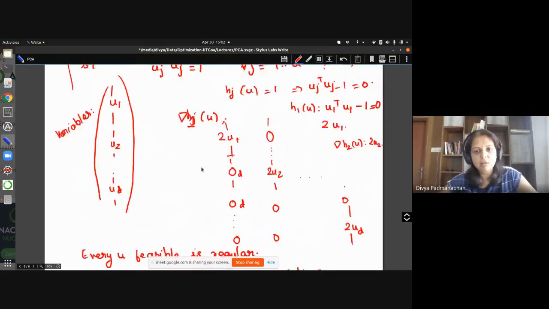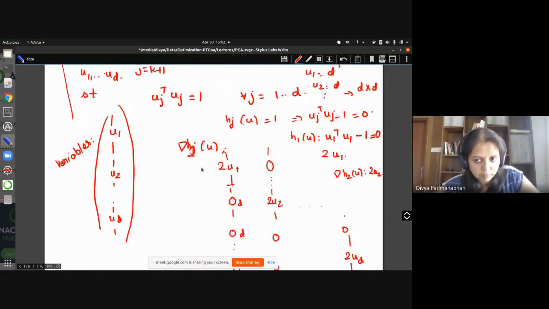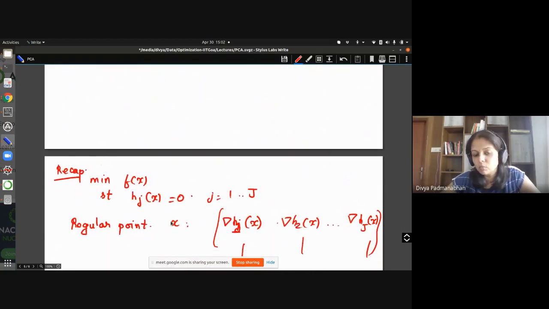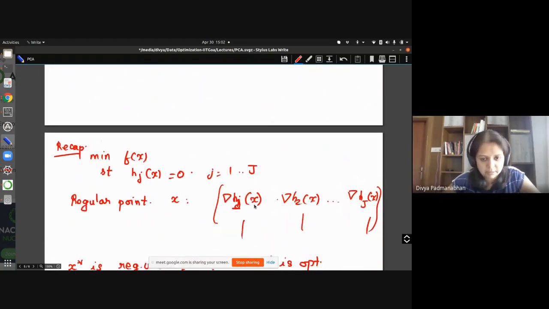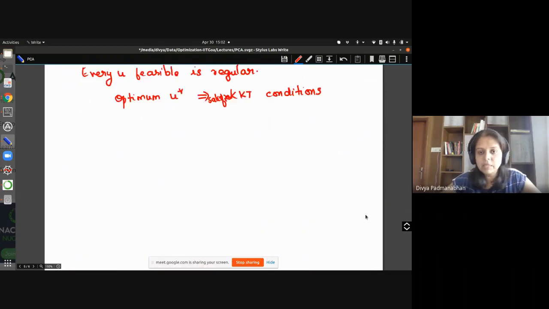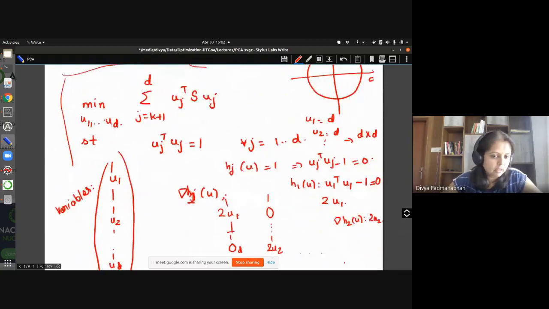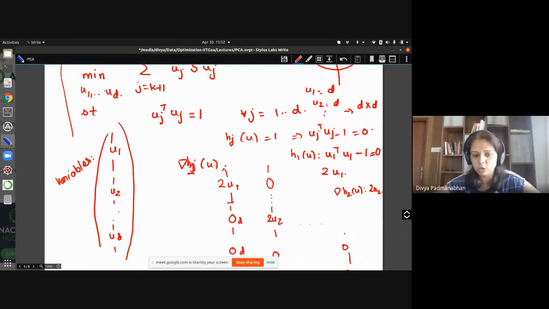I'm just trying to see which are all the regular points. To do that, remember, you take all the variables x. For the PCA problem, x is the collection of all the variables: u1, u2, and so on up to ud.